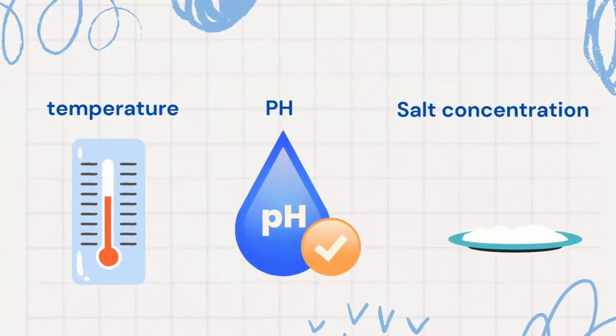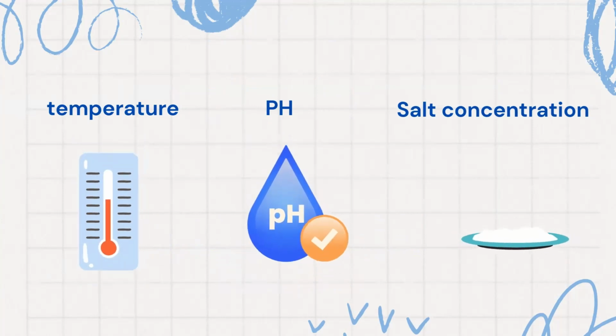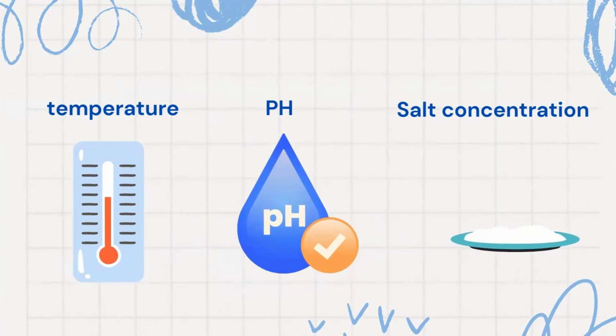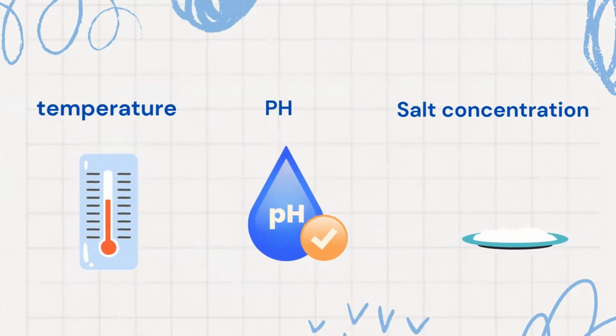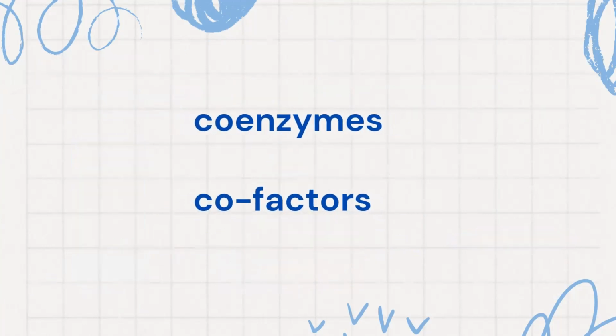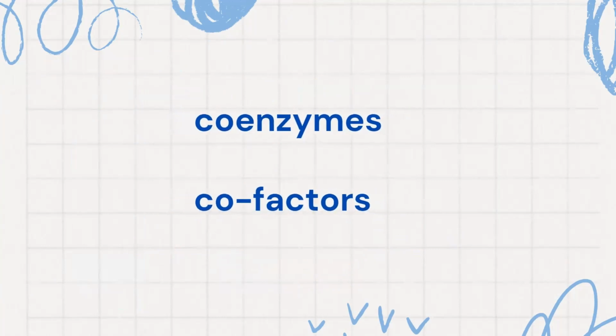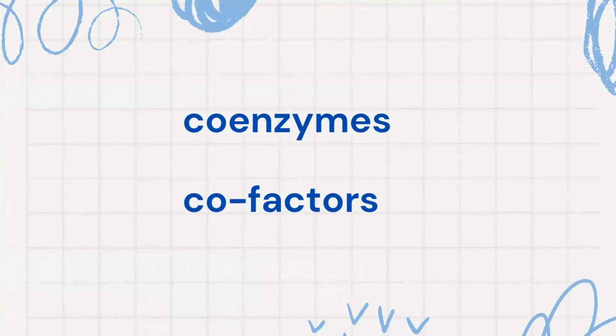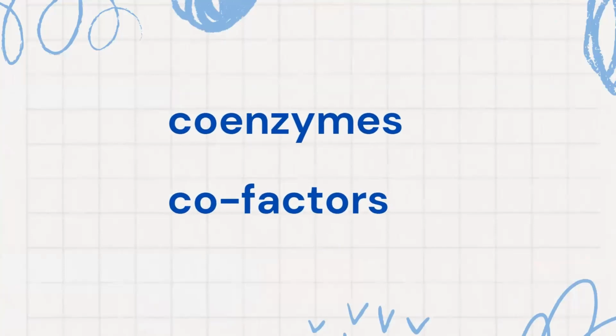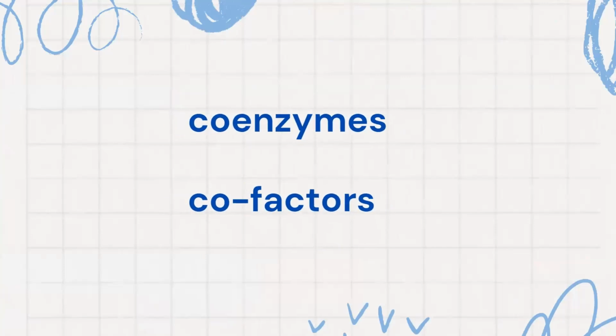Enzymes function best under limited conditions of temperature, pH, and salt concentrations. Enzymes are highly specific as to substrates and reactions catalyzed. Some enzymes require one or more non-protein components called coenzymes if they are organic, and cofactors if inorganic.